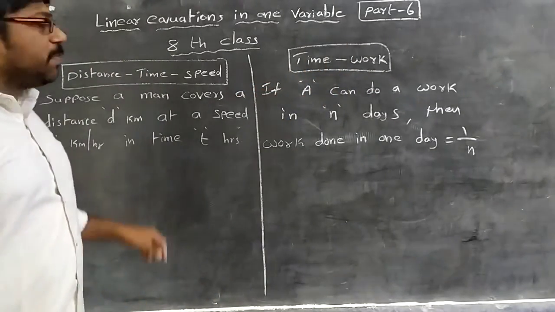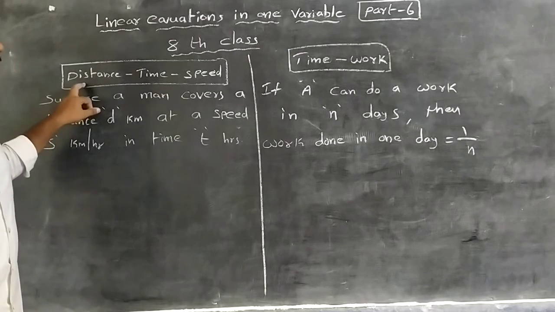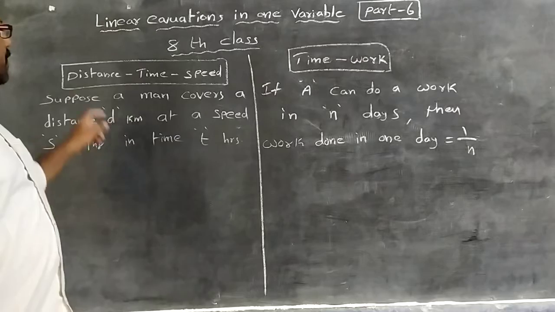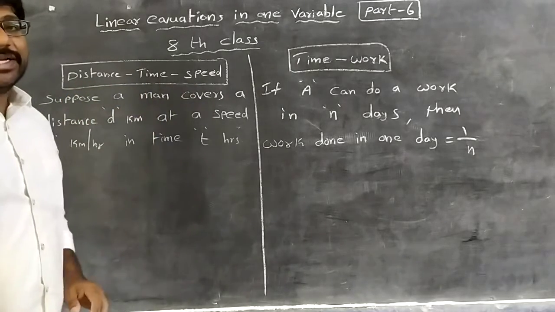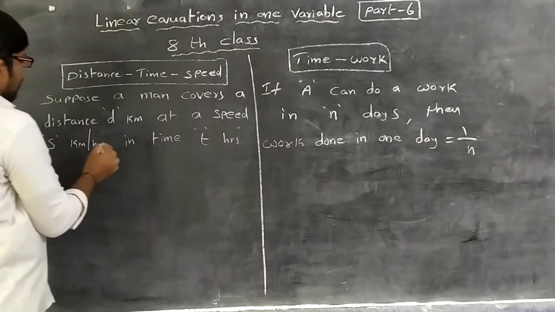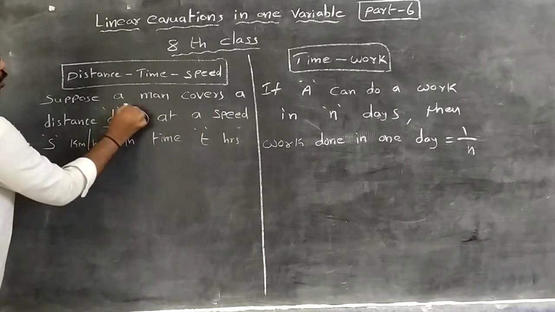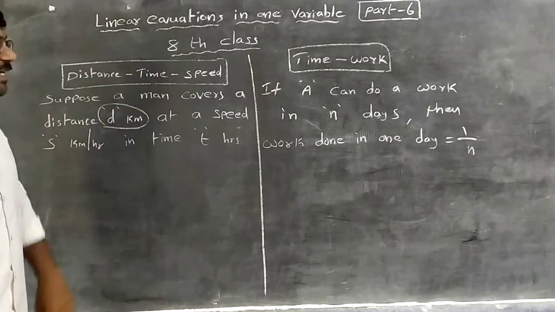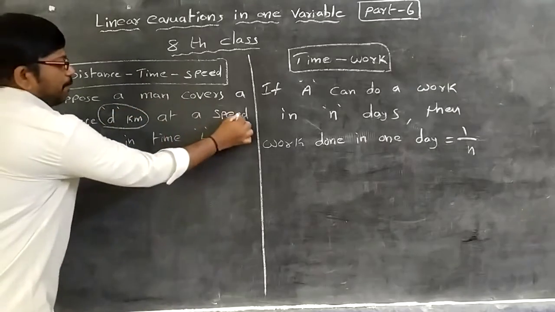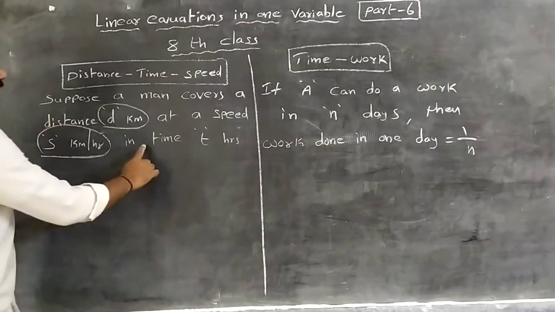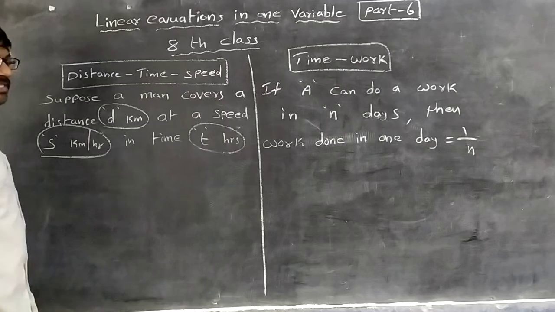First, let me explain the relation between time, distance, and speed. What is the relation between distance, time, and speed? Listen carefully. Suppose a man covers a distance d kilometers at a speed s kilometers per hour in time t hours.